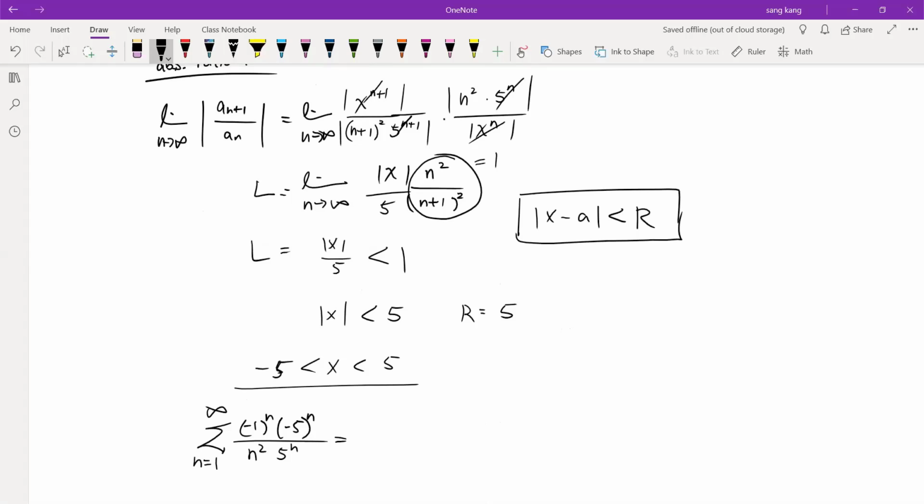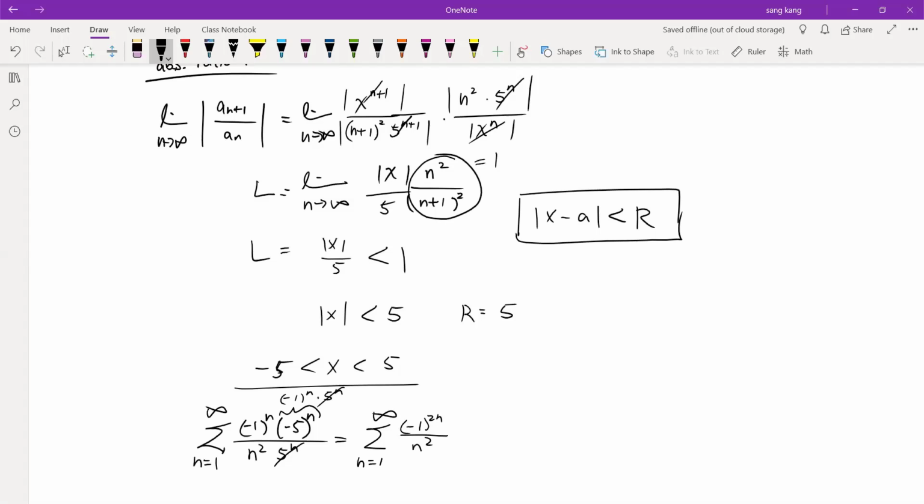We can make some cancellations here. The 5^n cancels out, and I can merge the (-1)^n with the other (-1)^n, which becomes (-1)^(2n).